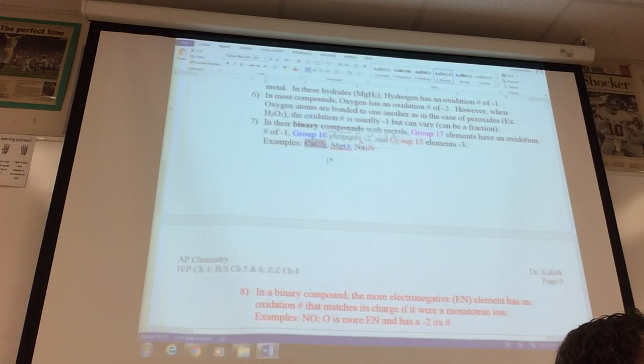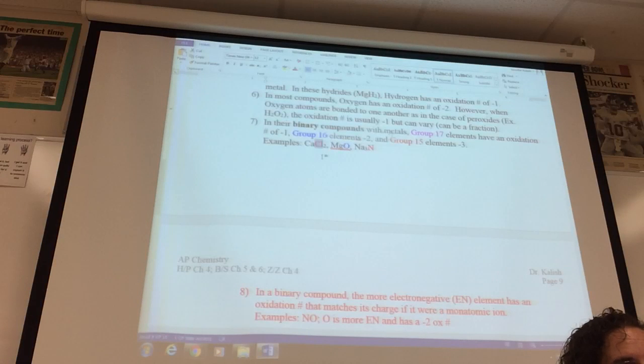Calcium chloride, how do you know that's a binary compound? There's 2 different atoms chemically bonded together. And you have, in this case, a metal and a nonmetal. So what you're looking at here is the group 17 piece would be -1. That would be the case for a compound such as sodium fluoride, sodium chloride, potassium iodide, etc.